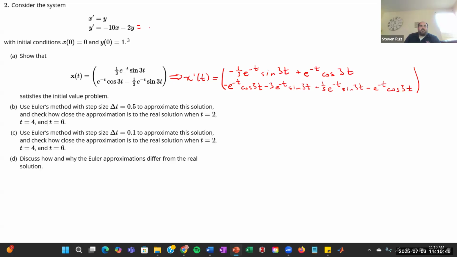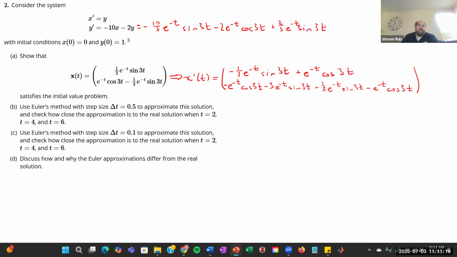So minus 10x would be minus 10 over 3 e to the negative t sine 3t, minus 2y. So minus 2e to the negative t cosine 3t plus 2/3 e to the negative t sine 3t.